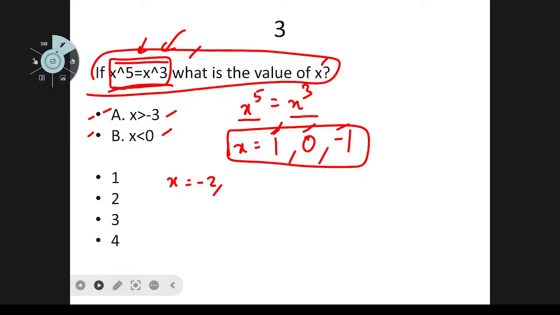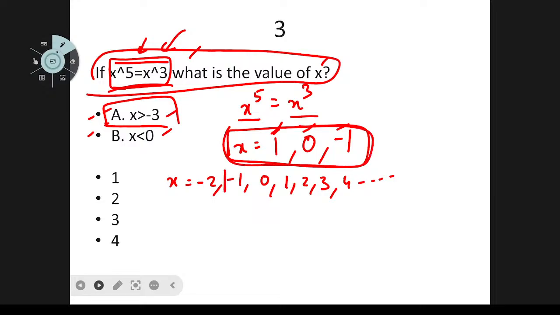From this condition, x can be -2, -1, 0, 1, 2, 3, 4, anything. But already I know x is one of these. Is this statement helping me sort out the value of x? No. So by using the first statement, I don't get the answer.